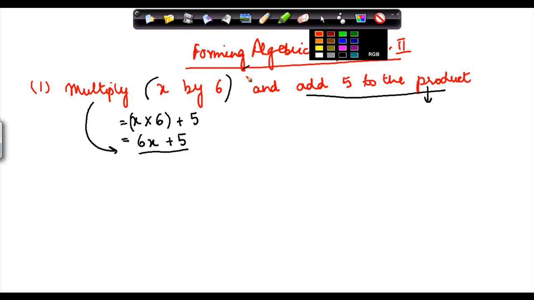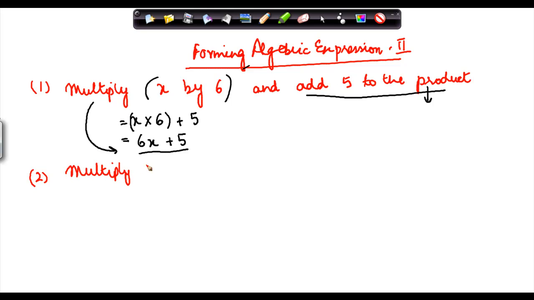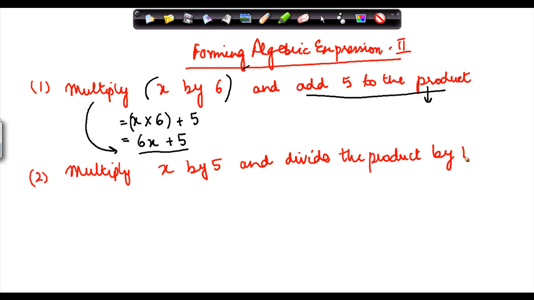Okay, let's take a second question. Suppose I have been told that I need to multiply x by 5 and divide the product by 10.